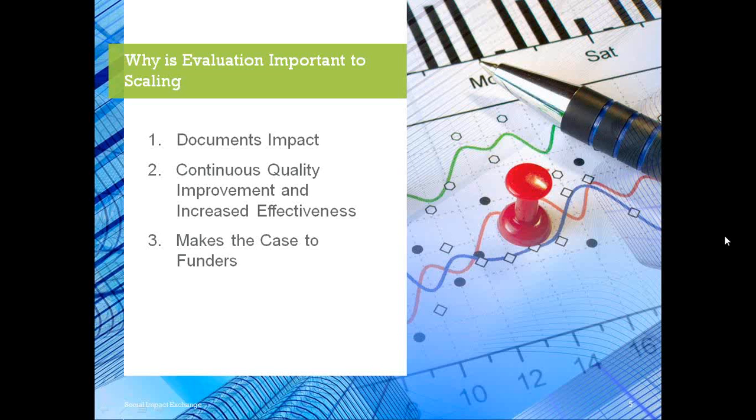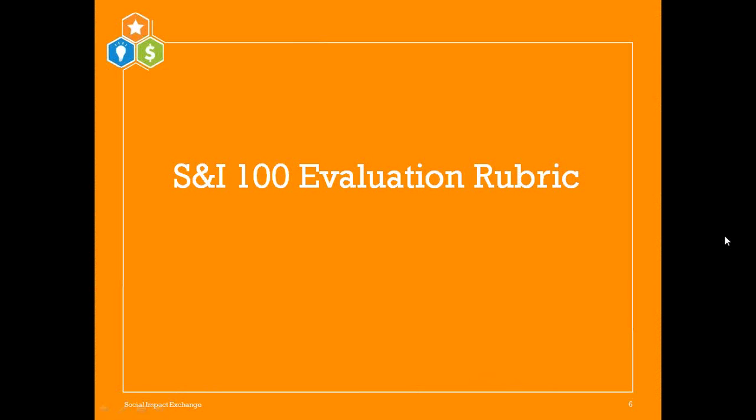Two, it allows for continuous quality improvement and increased effectiveness of your program model, and allows you to fine-tune your program model for your greatest impact. And three, it makes the case to funders. Your impact will open up new funding opportunities to scale your work. But perhaps most importantly, these effective solutions will ultimately reach more people.